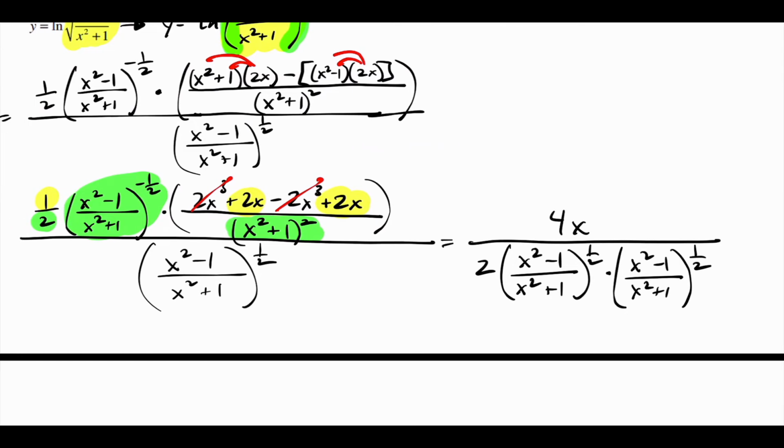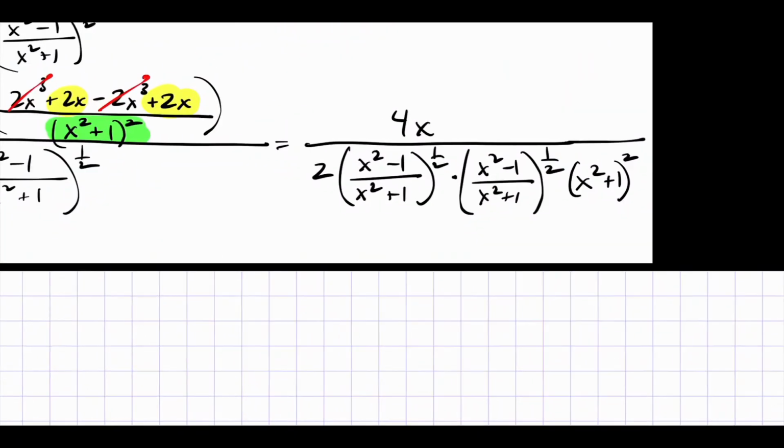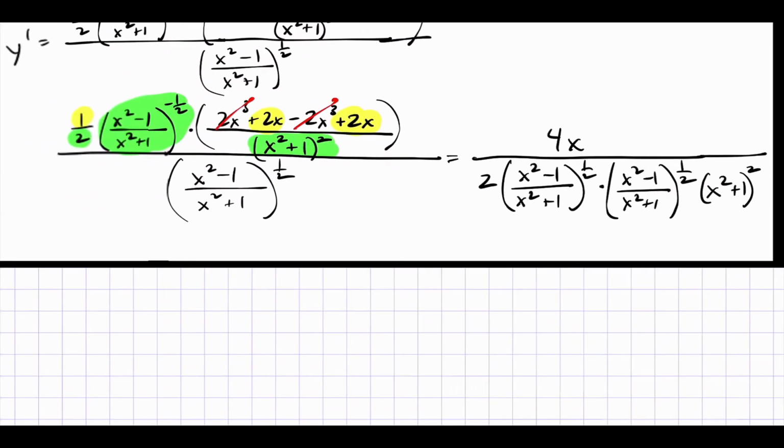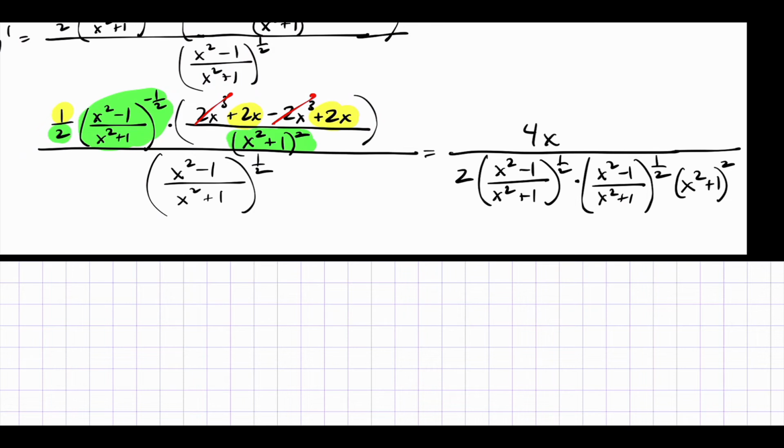And then I have an x squared plus 1 squared that I needed to move down. Okay, that's where I'm at right now. So I see a couple things. I see that these two guys are the same exact base, so I can add their exponents.